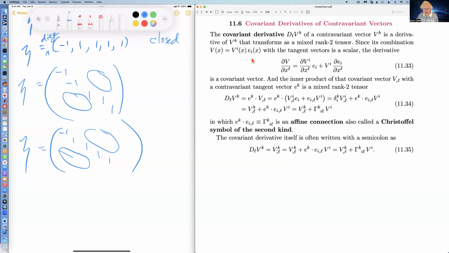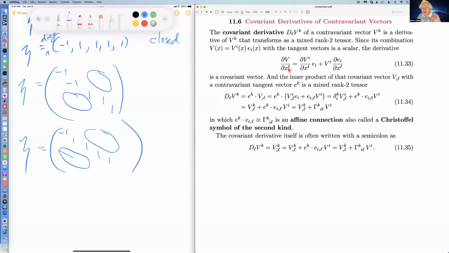And so how do you fix that? Well, you first make a scalar. And the way you make a scalar is you take a linear combination of the components of the contravariant vector with the covariant tangent vectors, and that then is a scalar.